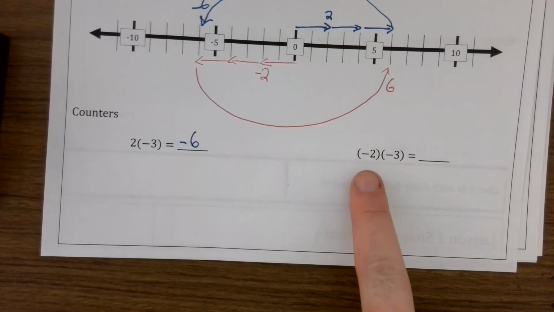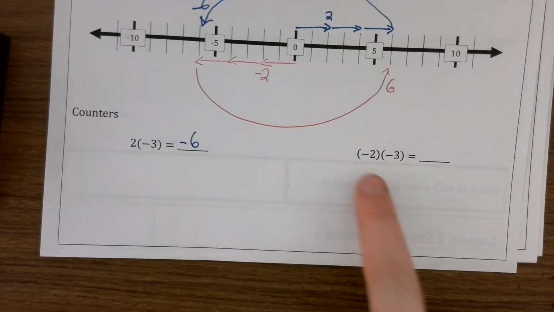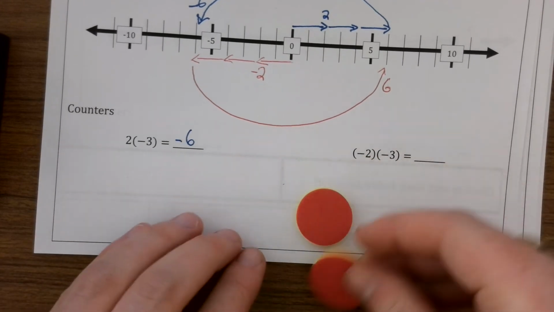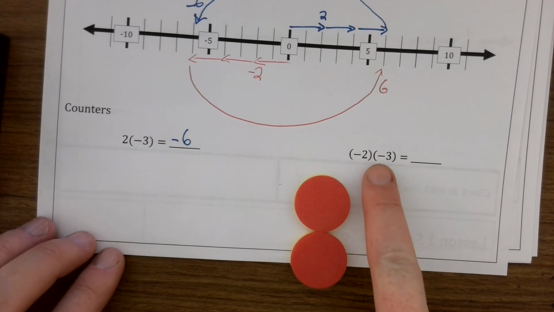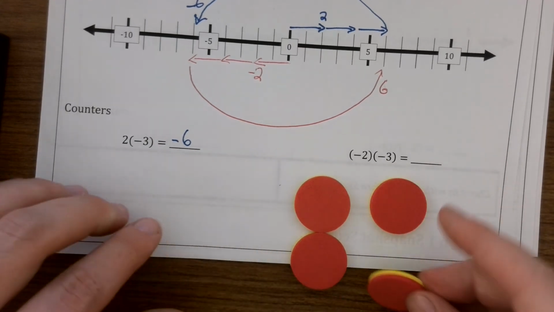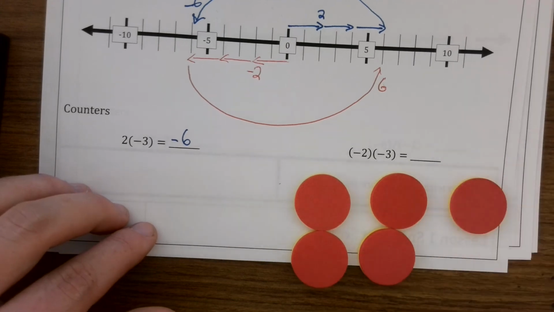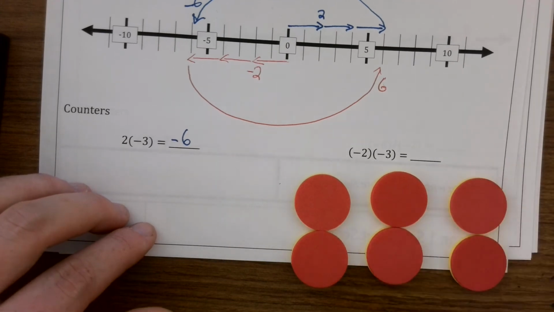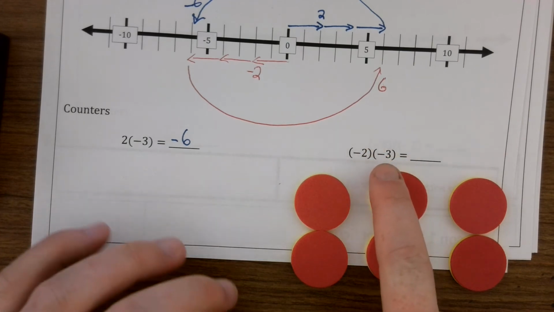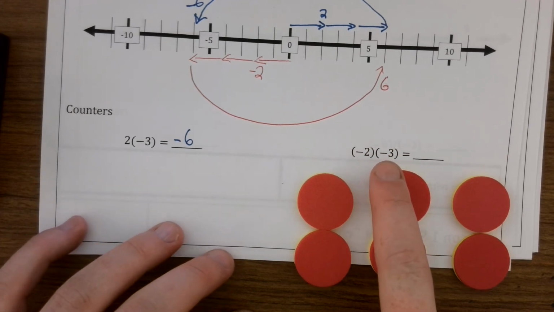All right, our last problem, we have negative 2 times negative 3. Here's my negative 2. And I am going to ignore the negative, and I need 3 of them. So there's 1 set, 2 sets, 3 sets. But again, this negative that we ignored earlier, we have to deal with now before we get our answer.